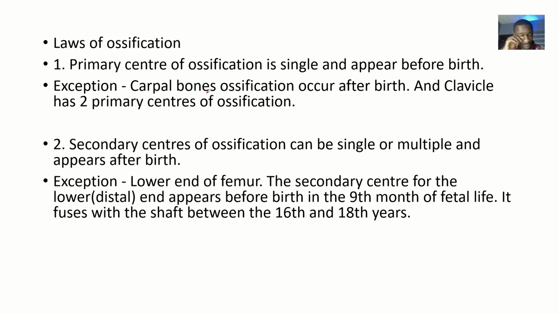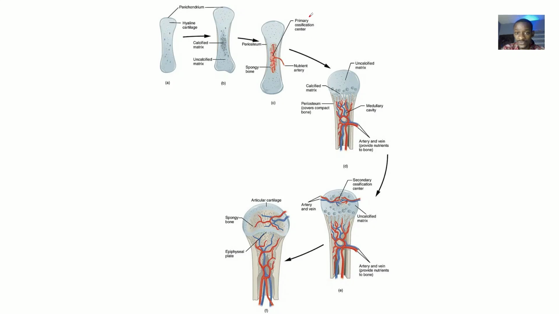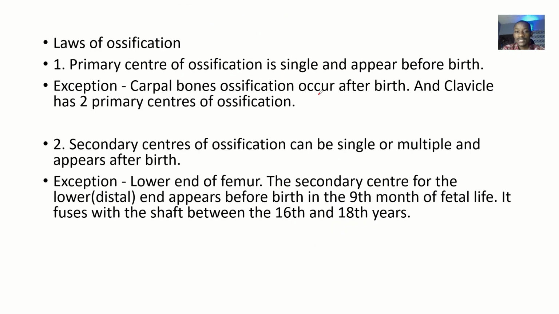So moving to the laws of ossification right now, the first law has it like this. The primary center of ossification, that's the first center of ossification, is single and it appears before birth in all bones except, the exception is what? Carpal bones. Their ossification centers will not appear before birth but will appear after birth.